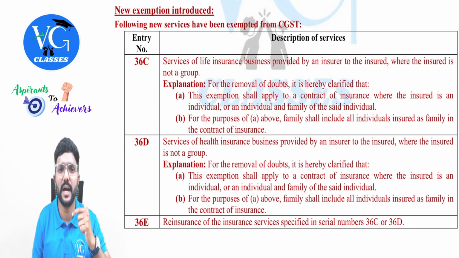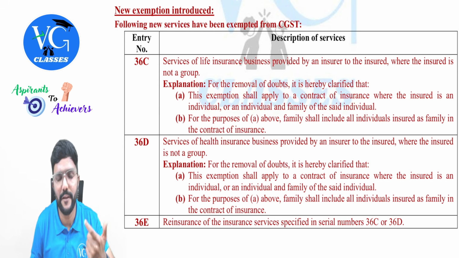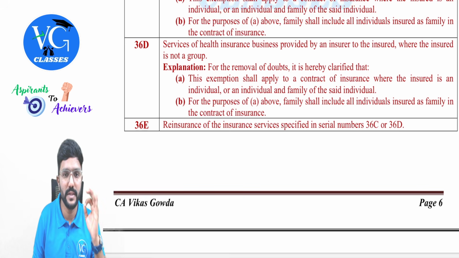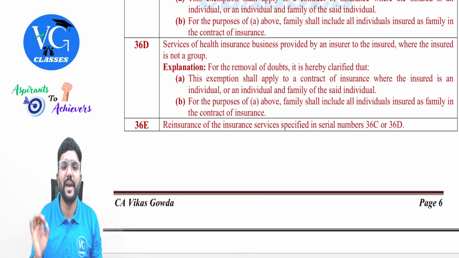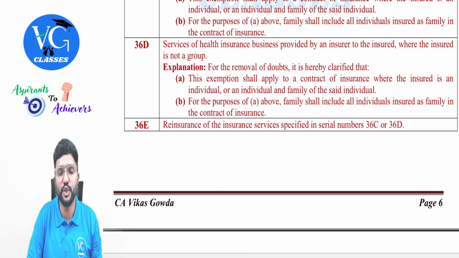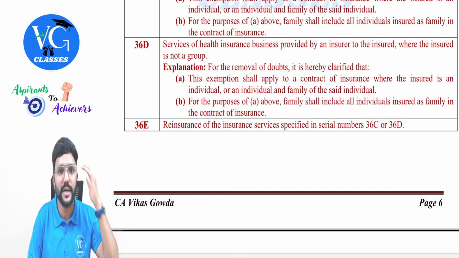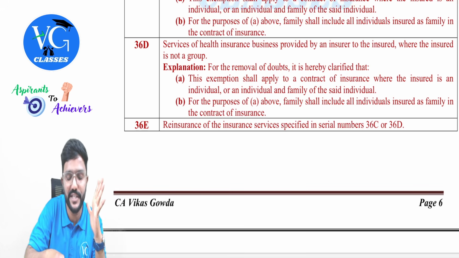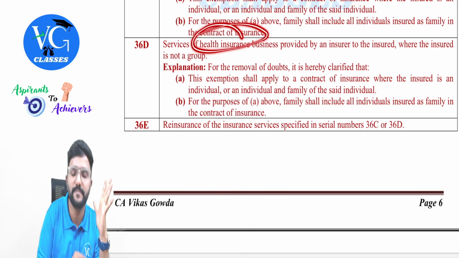Same way. This entry 36C was for life insurance. Now let us see for health insurance, 36D. Services of health insurance business provided by an insurer to the insured, where the insured is not a group. Okay, again, same similar provision, but the only change here is it is health insurance.